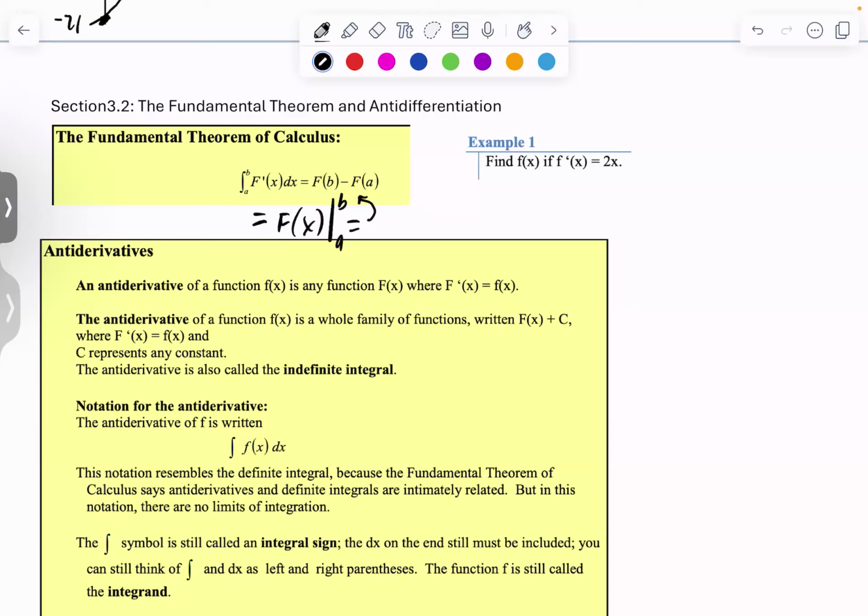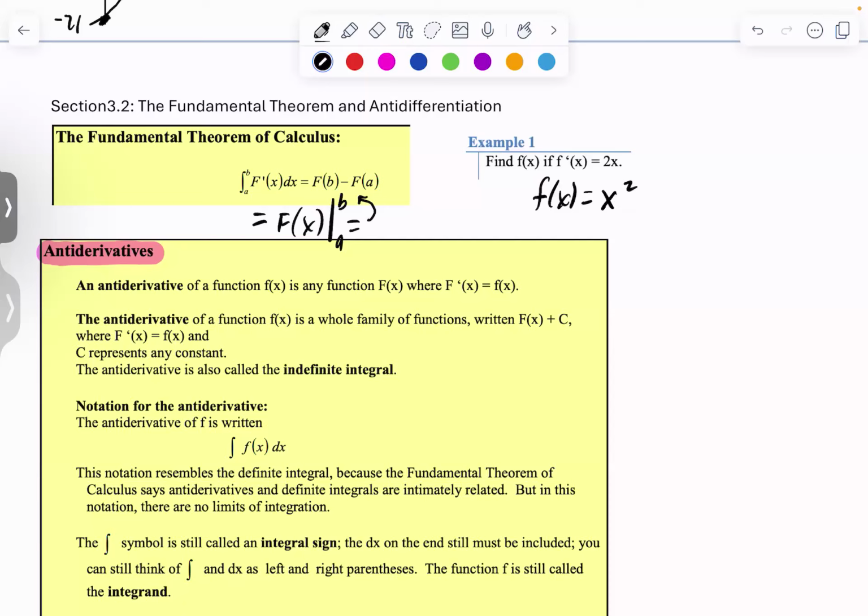So we're now dealing with something called the antiderivative. And it sounds exactly the way that it is. It is the opposite of a derivative. So if we go in one direction with a derivative, what is the opposite direction that we want to go? Meaning, if we have a function f prime of x equals 2x, then that means that f of x is the opposite of that, or x squared.